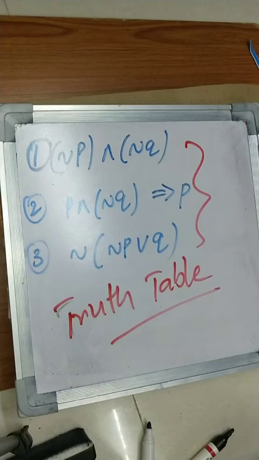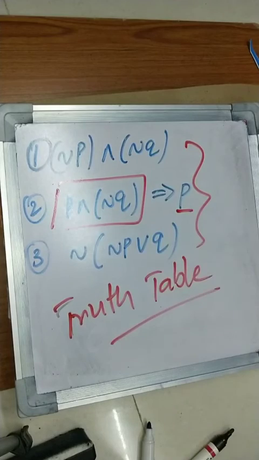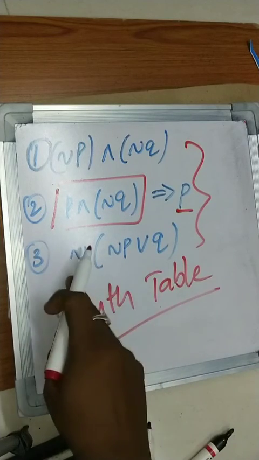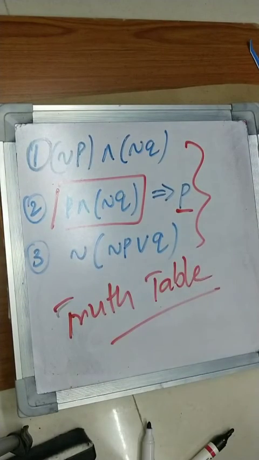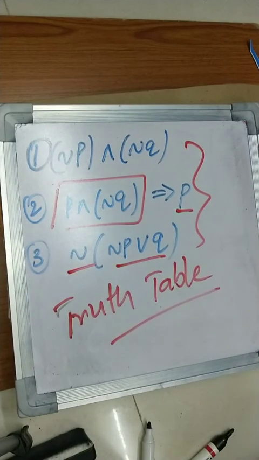Negation P and negation Q, and then P and negation Q implies Q. Consider this as the first statement and this as the second. Then negation of P or Q: first you will find this out, and then you will apply negation. Like that you are supposed to do. You try it, and in case you don't get the result, definitely in the next video I am going to share the solution. It's not a problem.